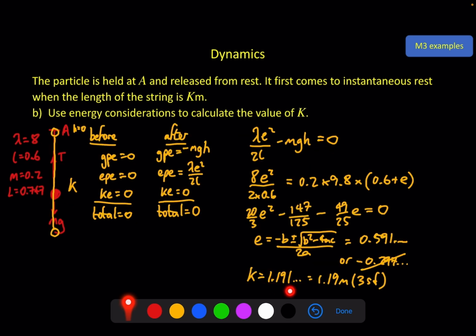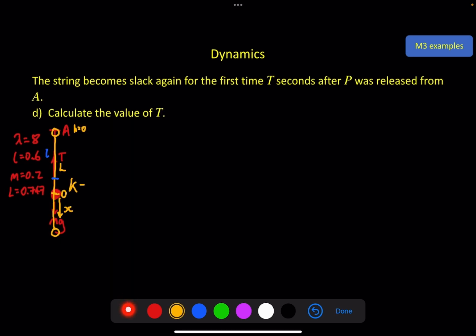K was 1.191, minus the distance to the equilibrium point gives us our value for A. So this is the amplitude, and the small distance from the natural length, 0.6, to L is only 0.147. So it's definitely not a full measure of the amplitude. So we can't just take one full period here, because it's not.